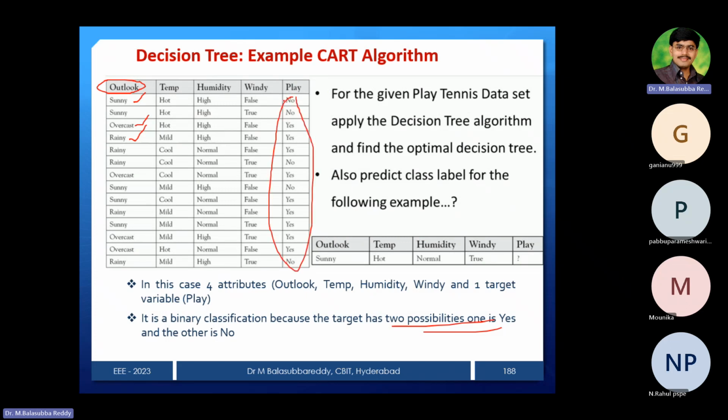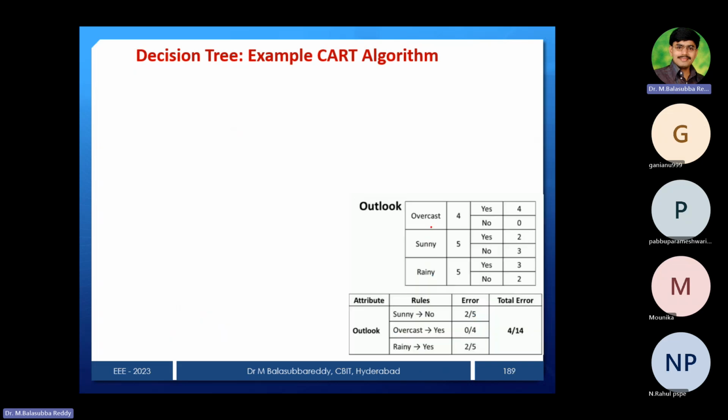In that case, first Outlook is your attribute. Sunny: what is the probability that on a sunny day we will go for play, or will not go for play? So now you can see Outlook is your attribute. Inside there is overcast, sunny, rainy.